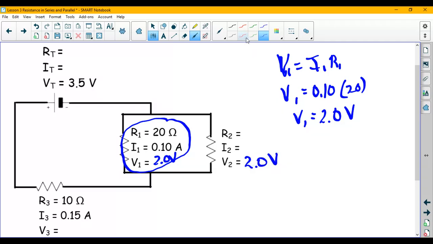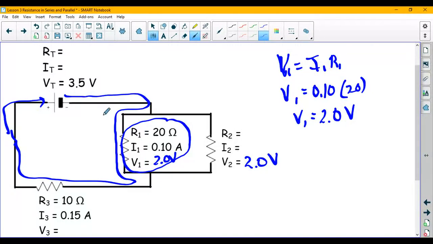Now I can think about the rest of my potential difference because I know my total is 3.5. If I follow this blue route, I lose 2 there, and I must lose the rest in this one because remember that 3.5 represents the amount of energy per group of electrons. And a group of electrons is only going to follow one of the routes.